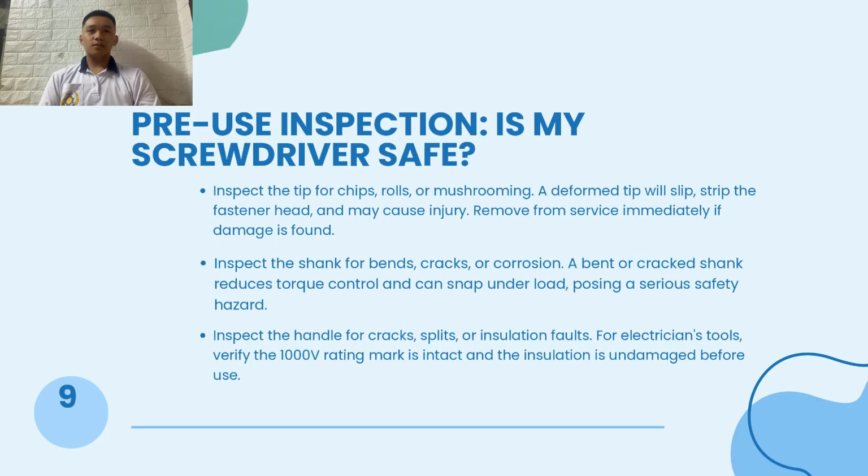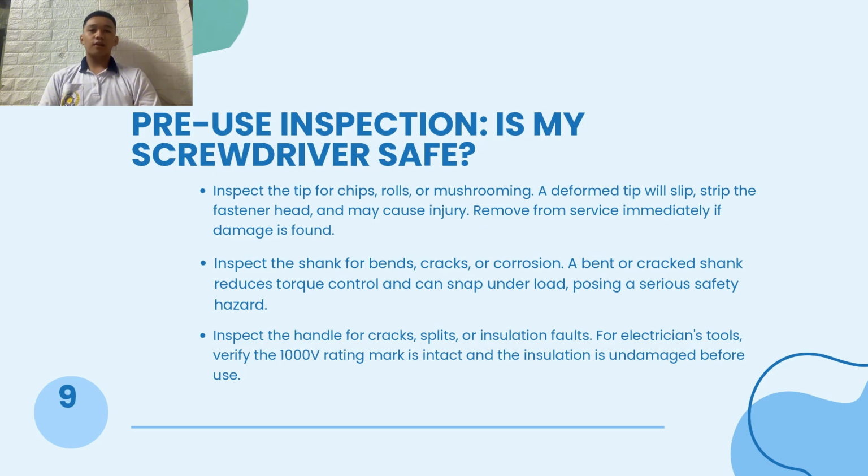Before every job, inspect your screwdriver thoroughly. Check the tip for chips, rounding, and mushrooming, as a deformed tip will strip the fastener head and may cause injury. So remove it from service immediately if damage is found.